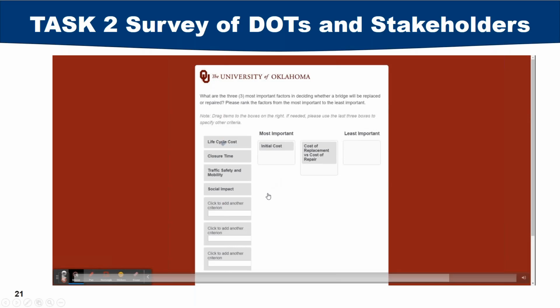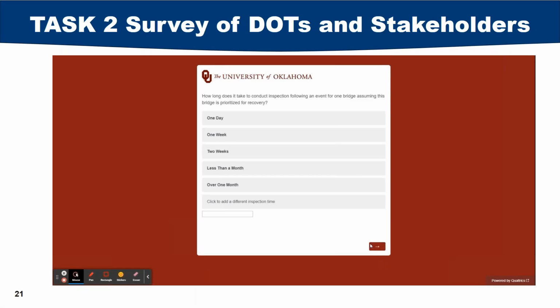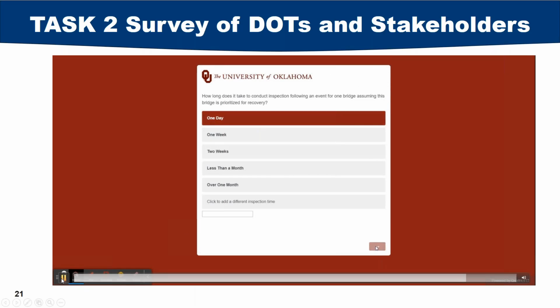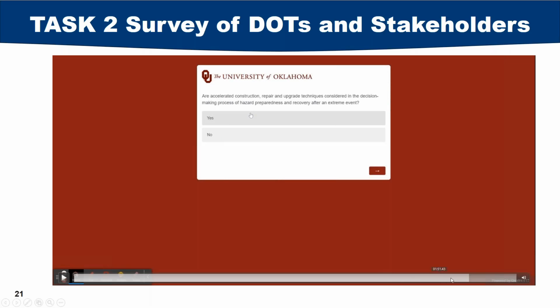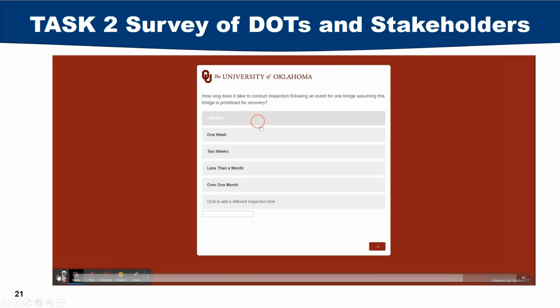Question 13 relates to time. We have given them a range as to what their agency considers the inspection time following a hazard, either natural or man-made.